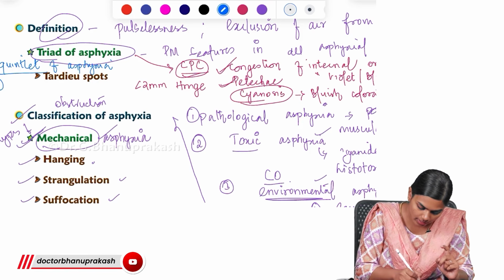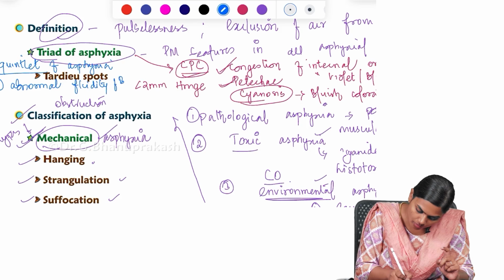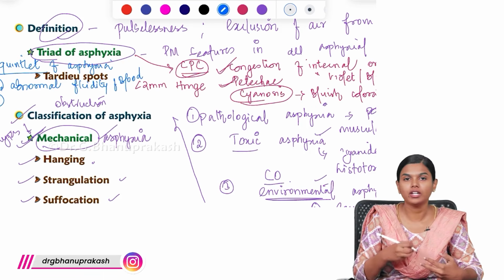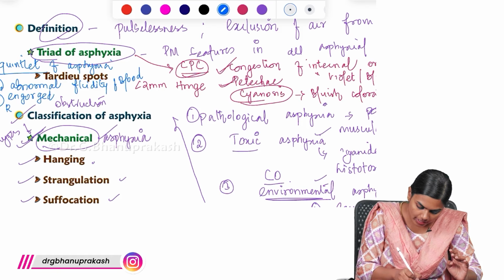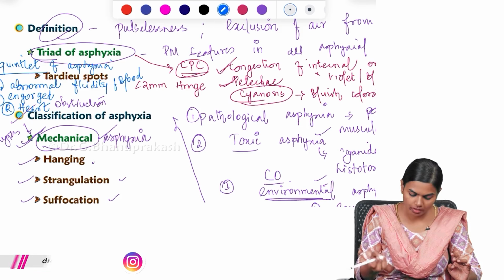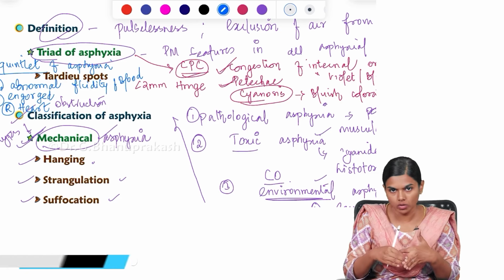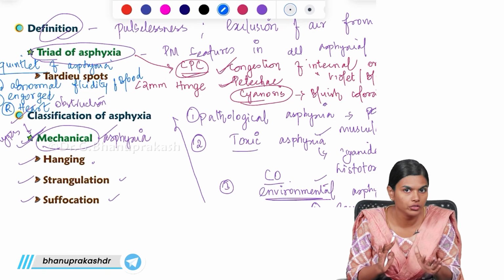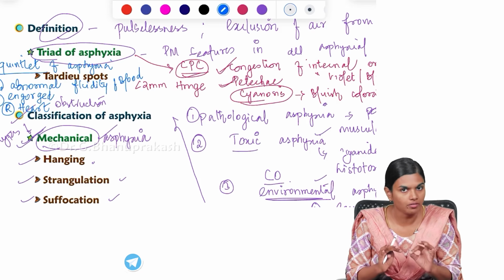The first is abnormal fluidity of blood. This is the 4th feature, and the other feature is an engorged or enlarged right side of the heart. These 5, congestion, petechiae, cyanosis, engorgement of the right side of the heart, and abnormal fluidity of the blood, make up the quintet of asphyxia.